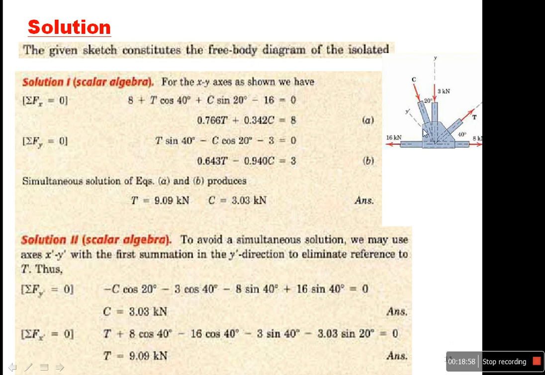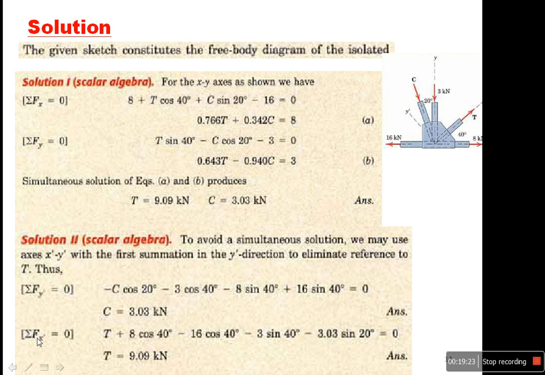Do not forget this angle is 50. So when I say 16 cosine 50, there is no difference, cosine 50 or sine 40, equal to 0. Now you can see I have one equation, one unknown, so I can get C.